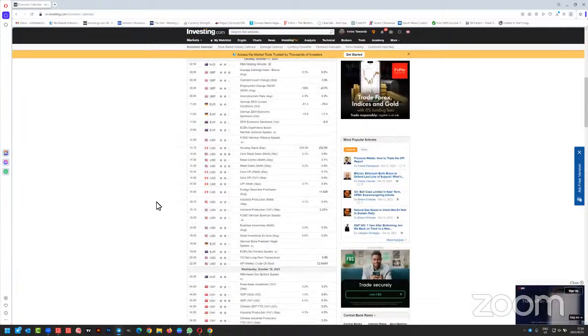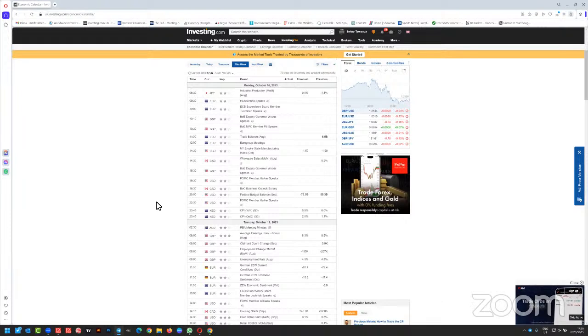On Monday we've got FOMC members speaking. We also have people from the Bank of England, and later towards New York close, we've got CPI for New Zealand.